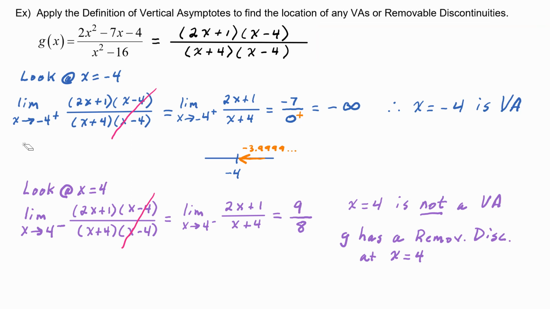It's only when the one-sided limit works out to be infinite that we get a vertical asymptote. When the one-sided limit works out to be finite, that will not be an asymptote. And in fact, we learned in the definition of continuity, when the limit exists, we're going to get a removable discontinuity at that x value.